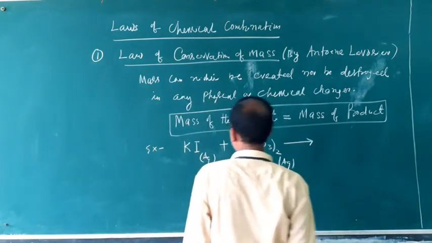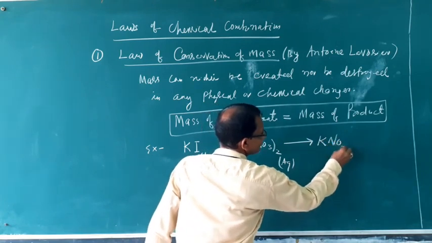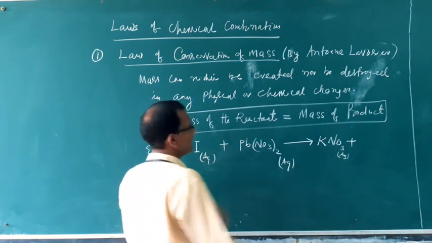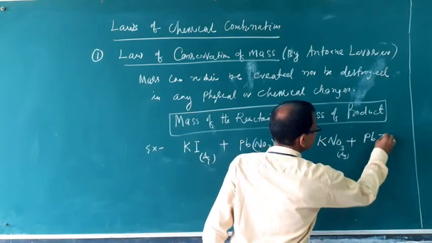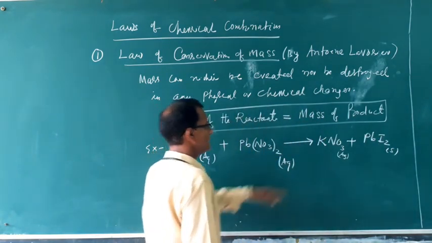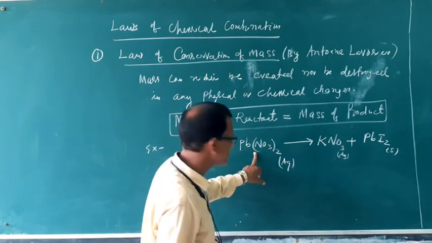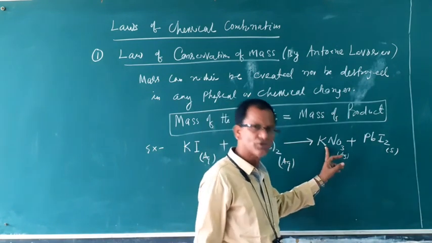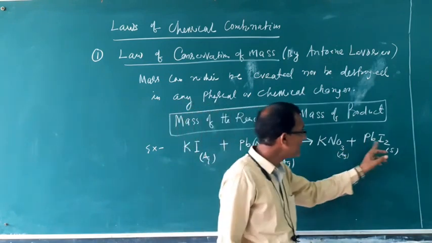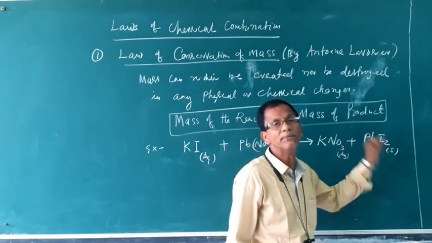You see the reaction, the products are potassium nitrate, aqueous, plus lead iodide, which is solid. The first two are aqueous solutions, forming potassium nitrate, which is water soluble, but the lead iodide produced is water insoluble, observed as a solid mass.